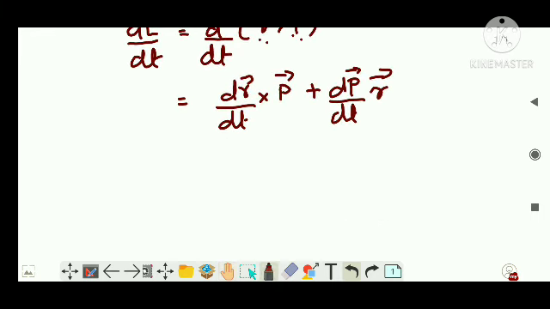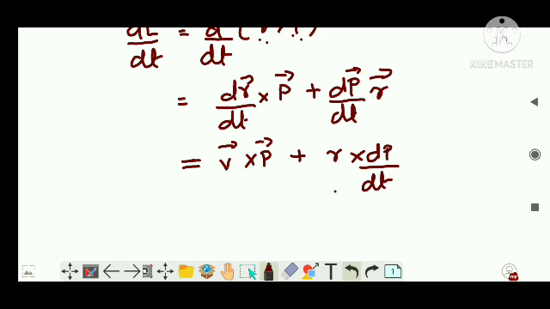Now after this, tell me what is dr by dt, that is, the rate of change of displacement. I can write it as velocity. So I will write it as velocity vector cross P vector plus r cross dP by dt. Now what is P? P is linear momentum, that is mv.